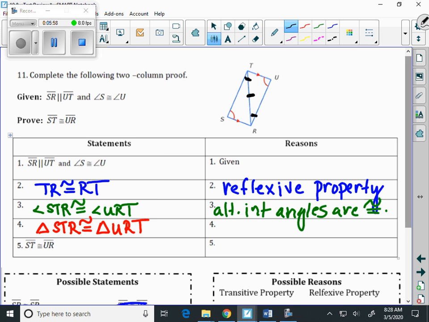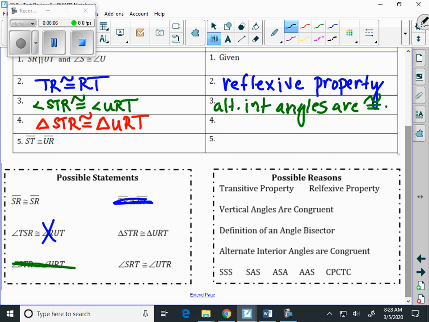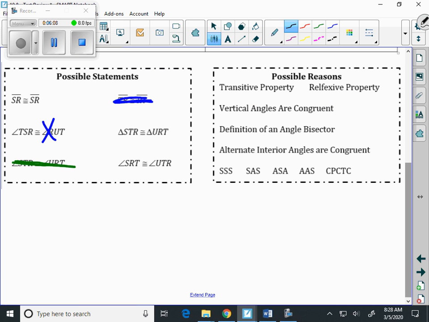And what we have in this problem is two angles and one side. That's going to narrow it down to angle side angle or angle angle side, because both of those shortcuts have two angles and a side in them.